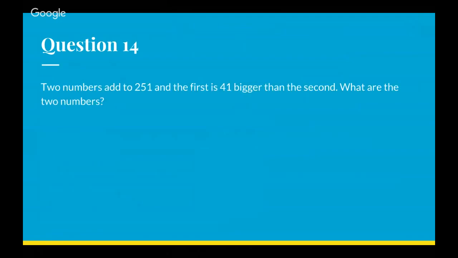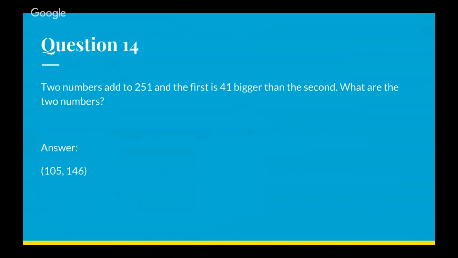Question 14, two numbers add to 251, and the first is 41 bigger than the second. What are the two numbers? Answer, 105 and 146, respectively, your x and your y.